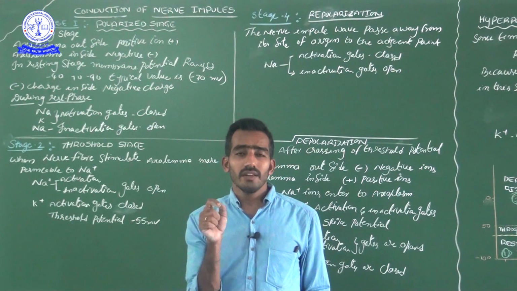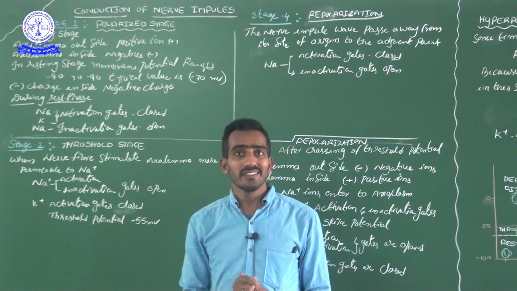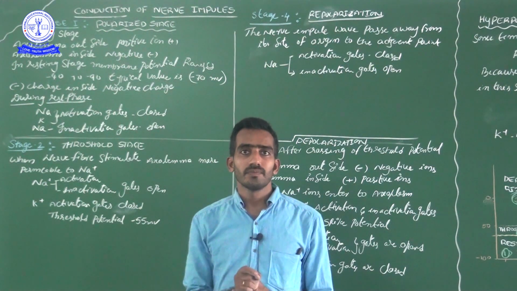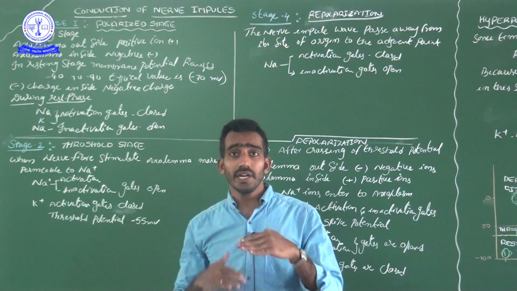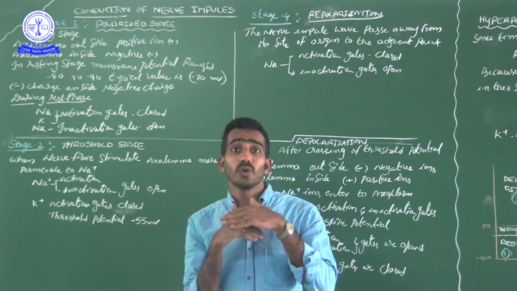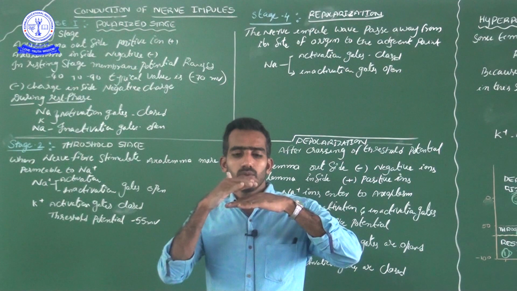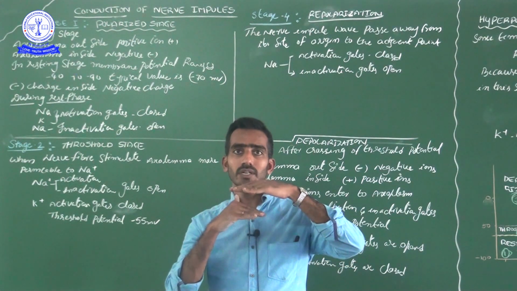In the nerve impulse generation, at the introduction time I said that plus and minus charges are located on the axolemma, on the outer side and inner side of the axolemma.